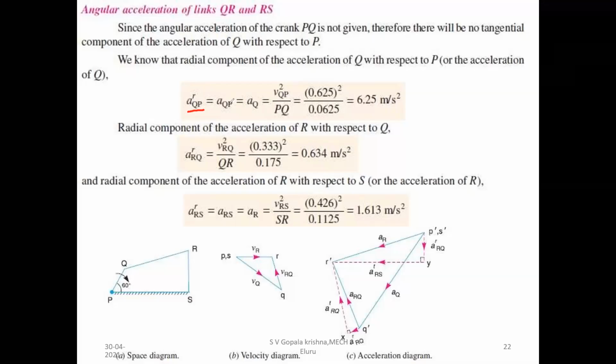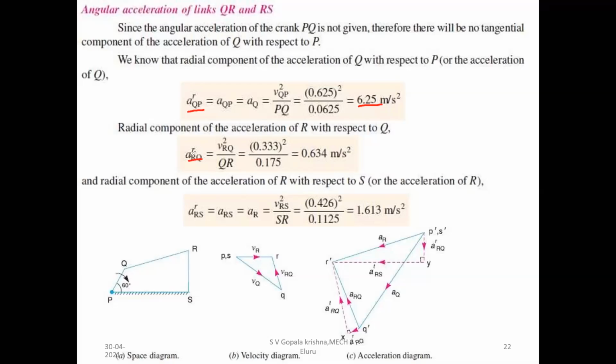Now A_QP equals V squared by R. What is the formula? Radial component is V squared by R. So V squared by PQ: 0.625 squared by the PQ length, 0.0625. Make the calculation and we get 6.25 meter per second squared. Now we find the QR link.